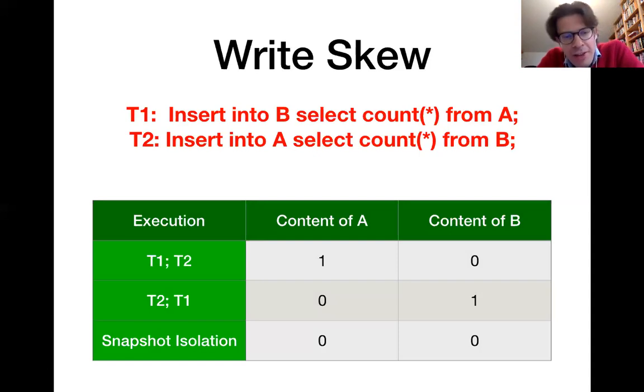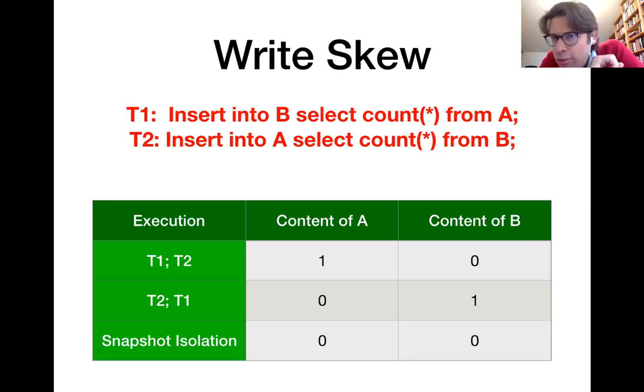Now, for instance, we could start by executing the first transaction. So the first transaction executes the query which inserts the count in A into table B. And assuming that at the start, those two tables are empty, we would insert a 0 into table B.